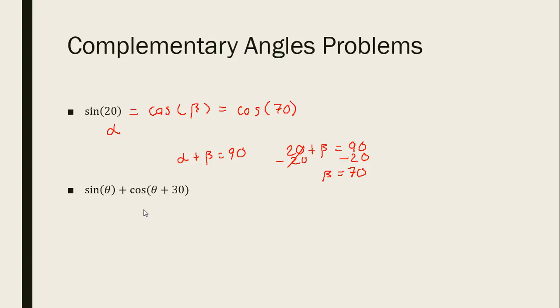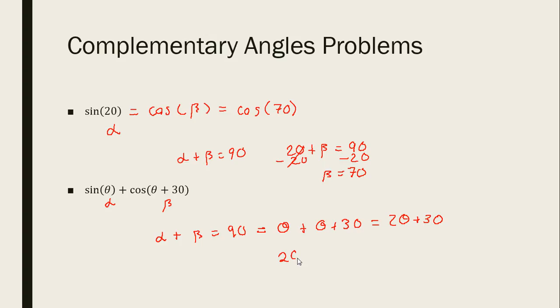The second problem is a little bit more involved. So we have our alpha is the Greek letter theta, which we use to designate an angle, and we have beta is equal to theta plus 30. We have that alpha plus beta must be equal to 90. But alpha plus beta must also be equal to, well, theta, as that's our alpha, plus theta plus 30, which is our beta. So this is equal to 2 theta plus 30.